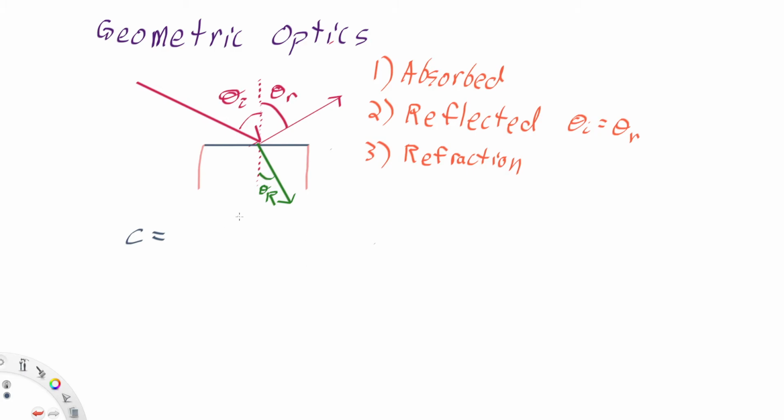Yeah, 3 times 10 to the 8 meters per second. This is the speed of light in a vacuum. It's also approximately the speed of light in air.